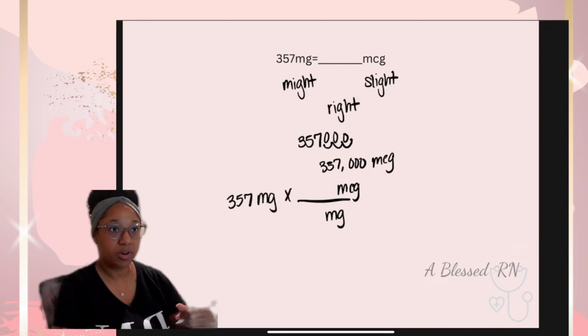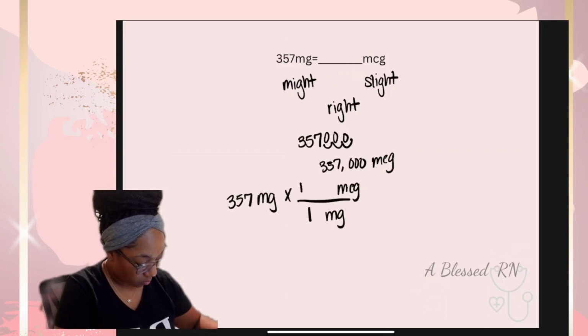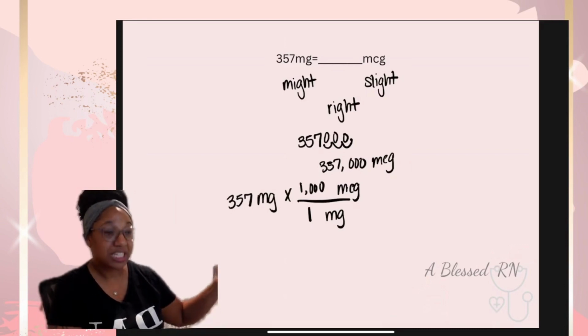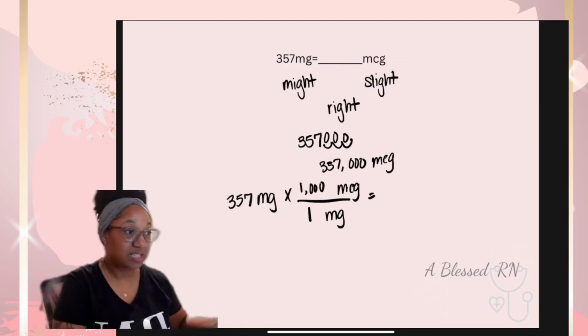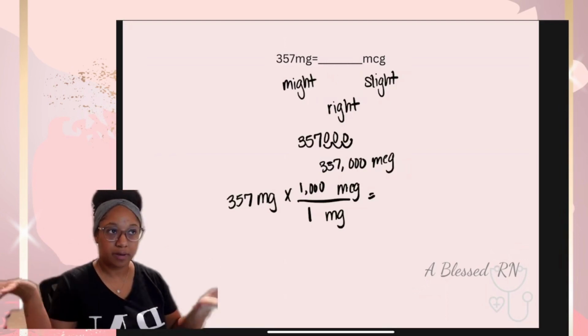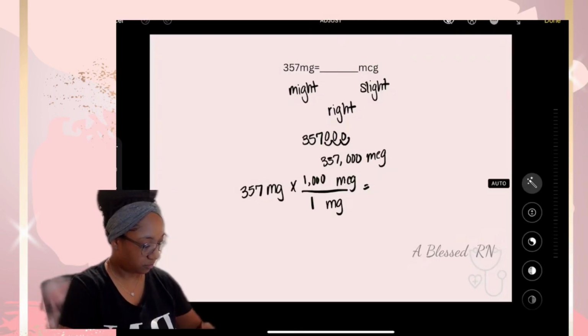We're not converting to milligrams, we already have milligrams, we're converting to micrograms. 1 milligram is 1,000 micrograms. In this case, you multiply.